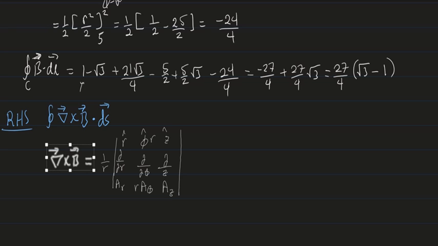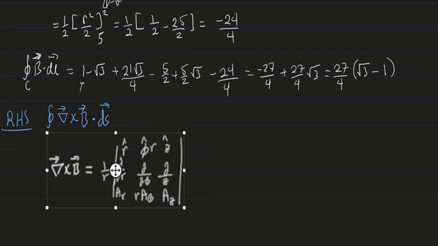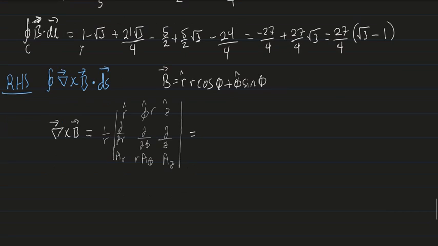And to do so, let me just grab this down a bit like this. Now I just need to substitute the values of B, and this is now the equation of the vector field, so I just need to substitute the values. So I'm going to have r hat, partial over partial r, and the component along the r hat direction is r cosine phi.